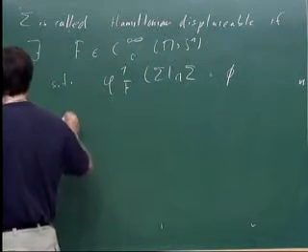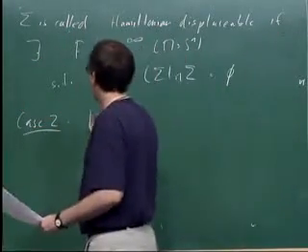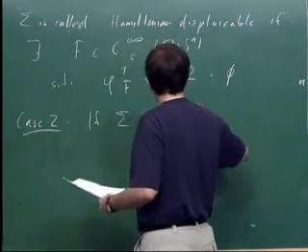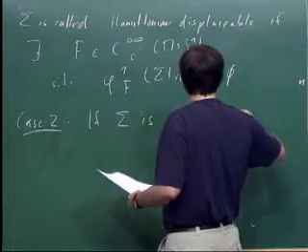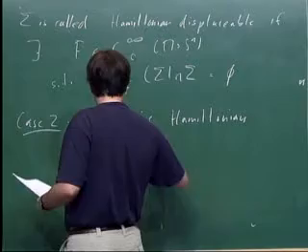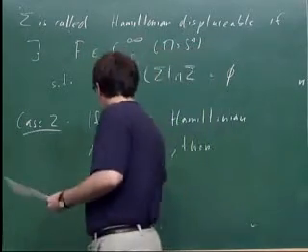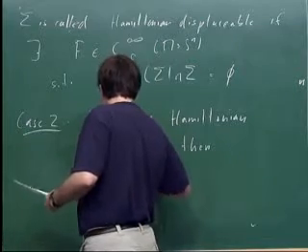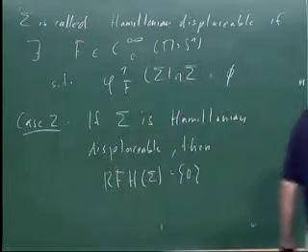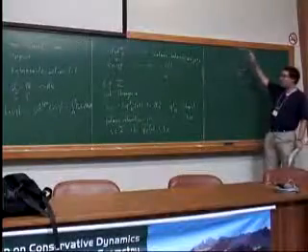In the second case, we can tell what this Rabinowitz Floer homology should be: if Sigma is Hamiltonian displaceable, then this Rabinowitz Floer homology should be just 0. And why is that? If it's displaceable, then we have in particular no leafwise intersection points.